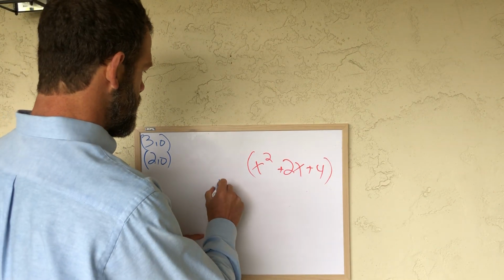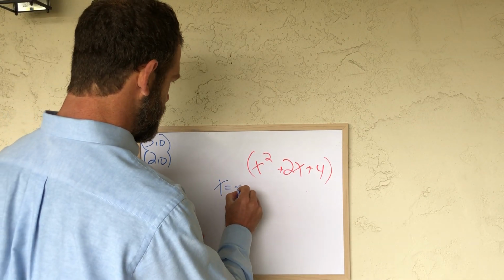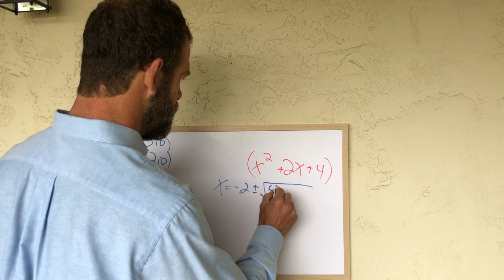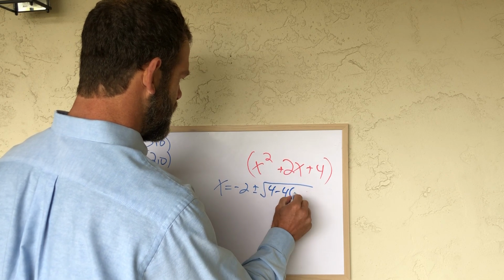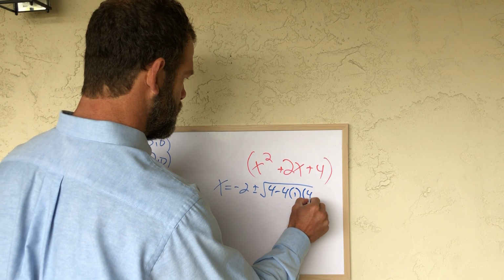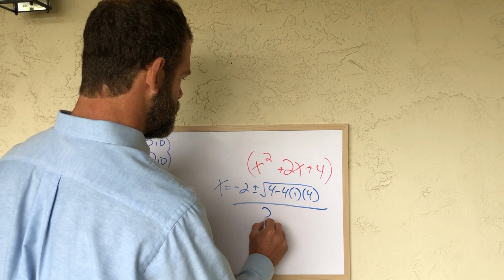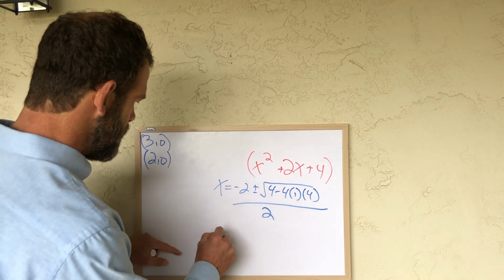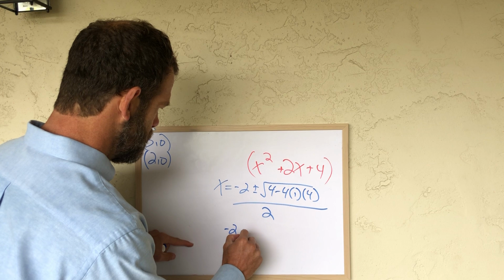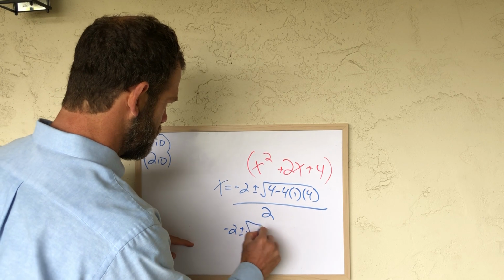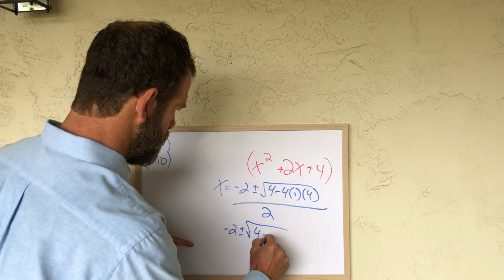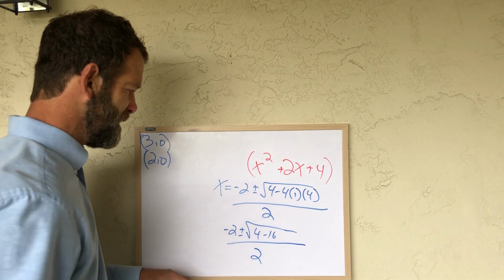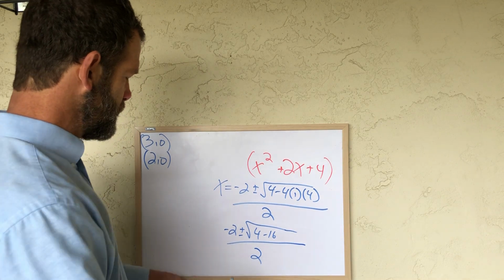So I'm going to say x equals negative b plus and minus the square root of b squared minus 4 times my a times my c, all divided by 2 times my a, which is 1. All right. So I have negative 2 plus and minus the square root of 4 minus 16 all over 2. So this is going to give me two imaginary solutions.